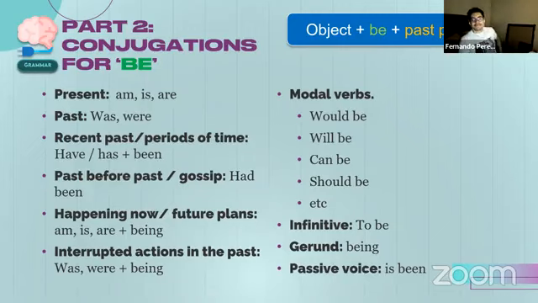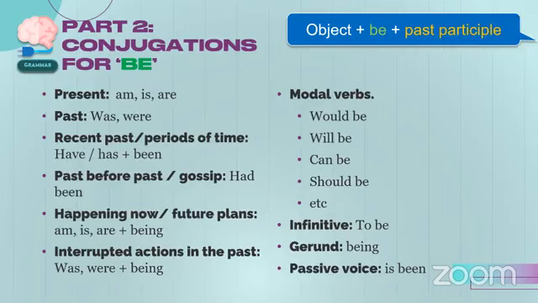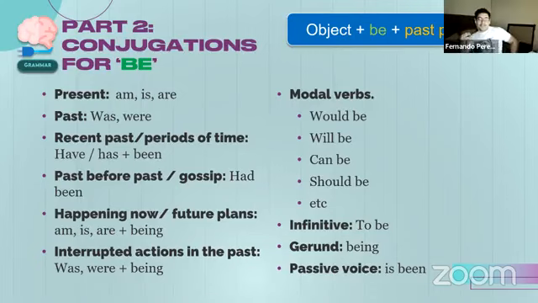Any idea? Could you repeat the question, please? I repeat the question. If you are going to talk about the invention of the telephone, which one are you going to use?